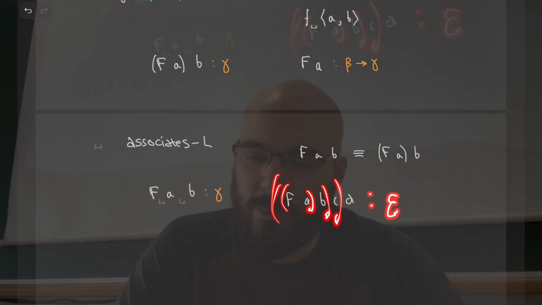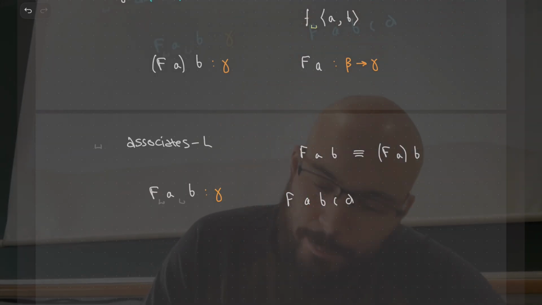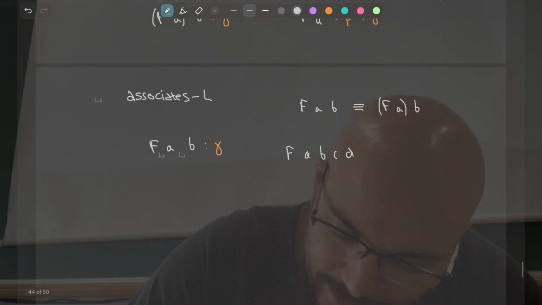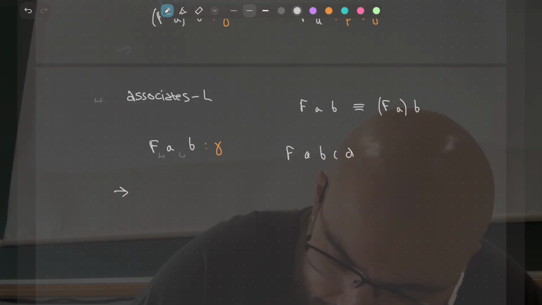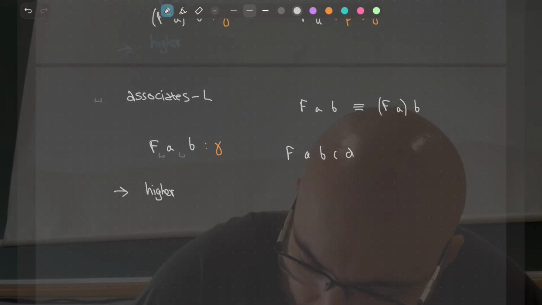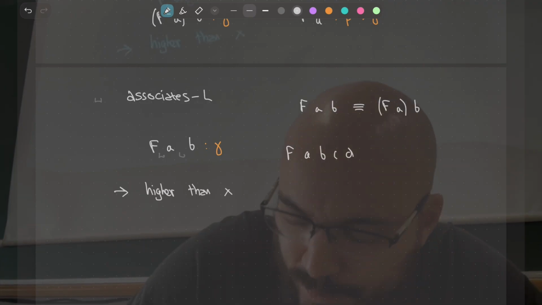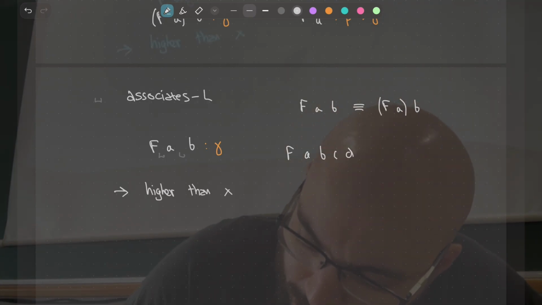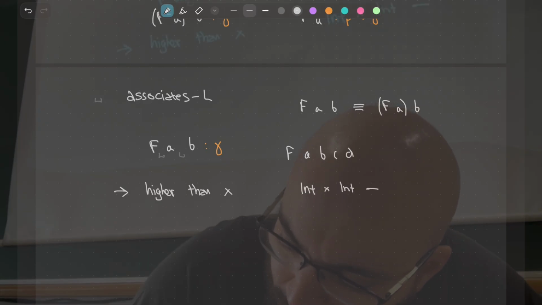Okay? Are we okay with this convention? Perfect. And this is higher than this. So finally, I can stop putting all those parentheses. I can write stuff like this now, and you know how to parse this.